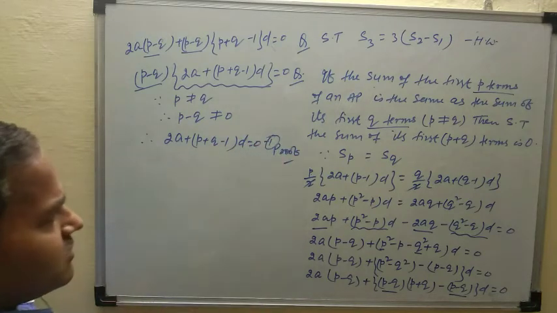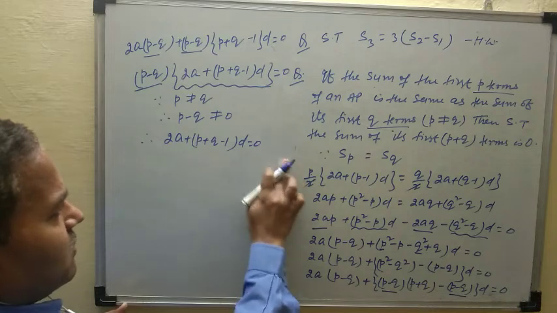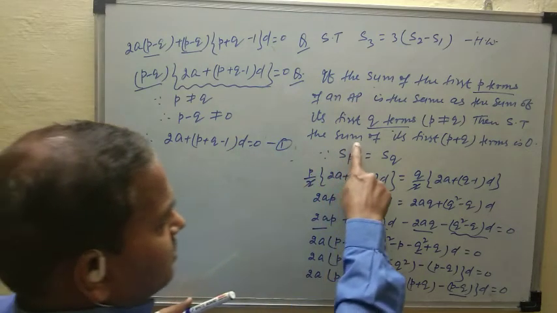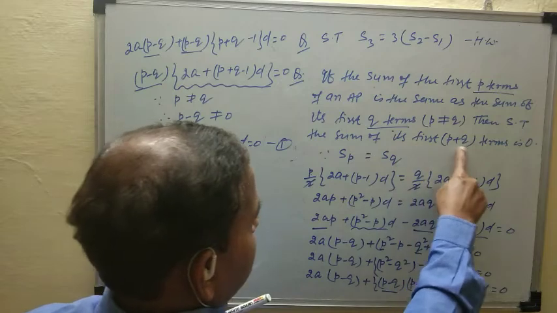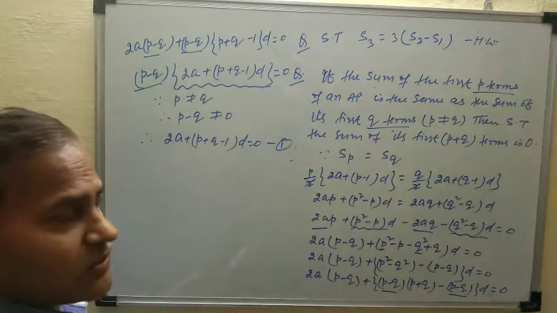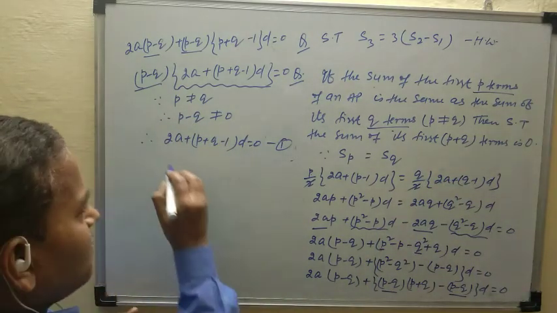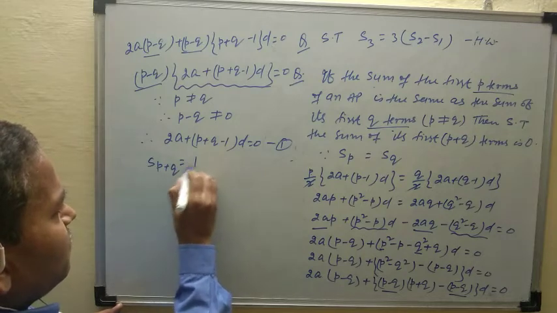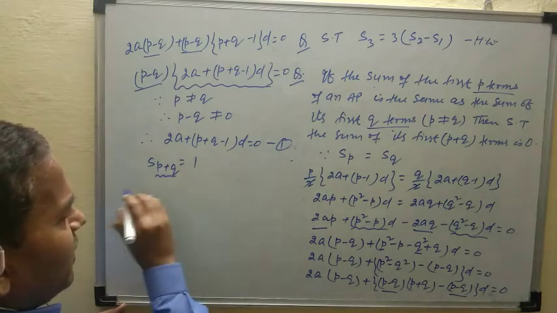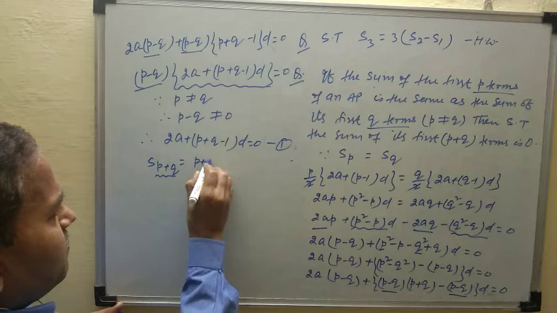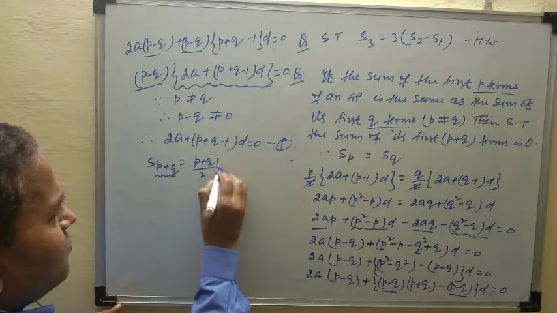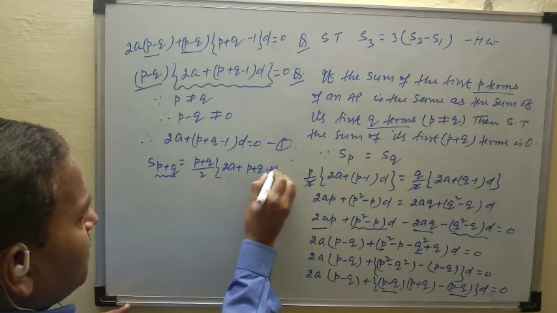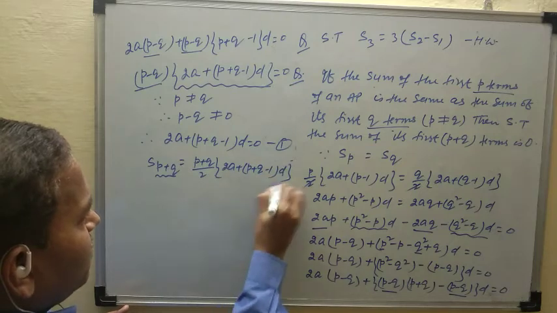Call it equation 1. Here we have to show that the sum of its first p plus q terms is 0, that is, find S of p plus q. So S of p plus q is equal to, use the formula, with p plus q as the value of n: p plus q by 2 into 2a plus p plus q minus 1 into d.